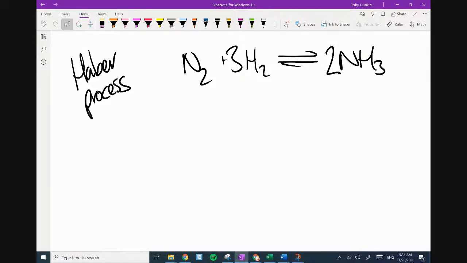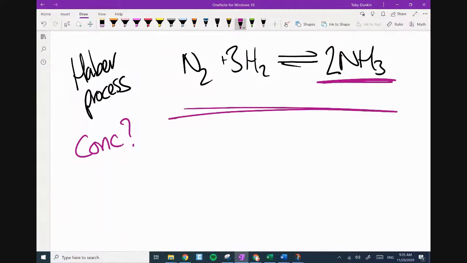Looking at this equation from a concentration perspective, if I wanted to make less ammonia, what would I do to the concentration of somebody here? I don't mind who you pick, just as long as you pick the right decision on whether to increase or decrease it.